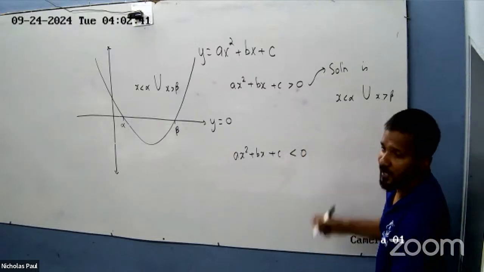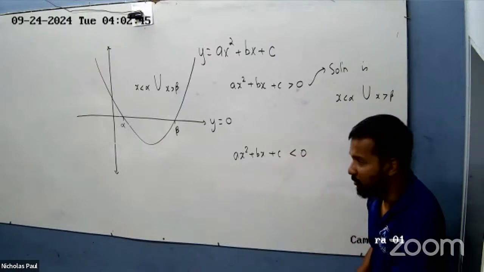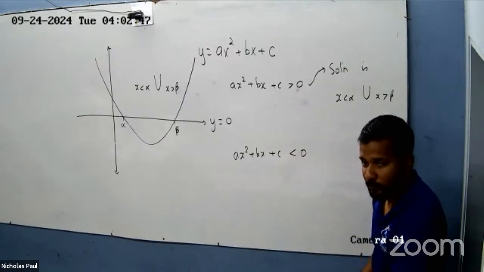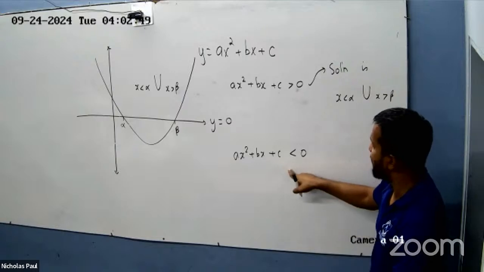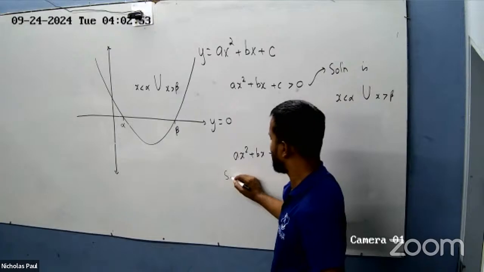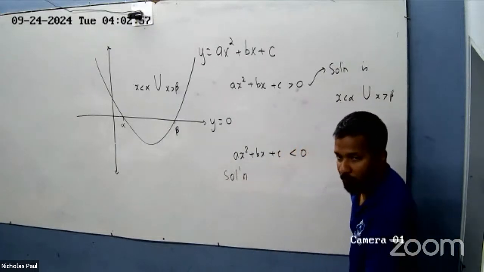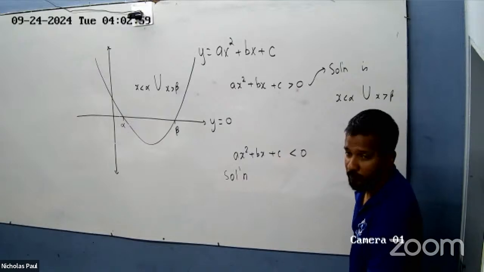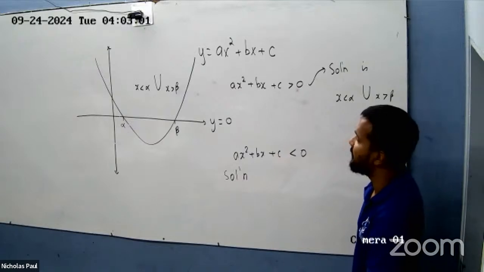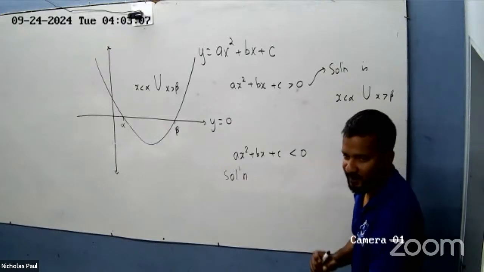So again, a guess. What would be the solution for less than 0? What do you think would be the solution for less than 0?